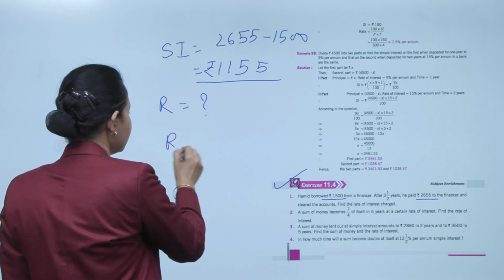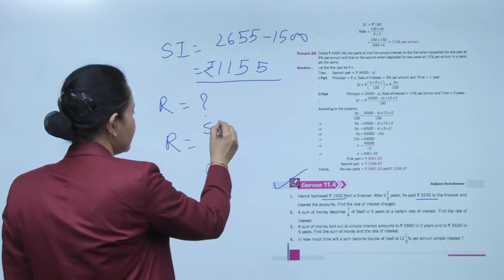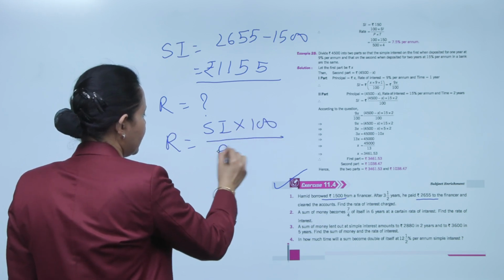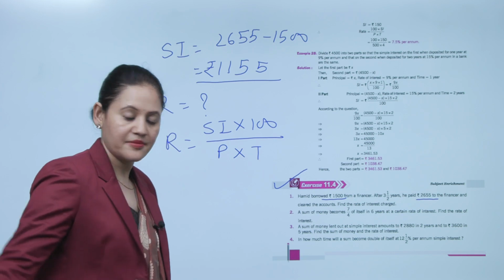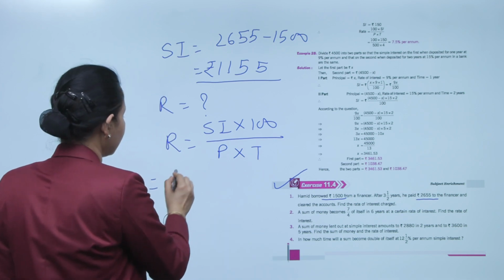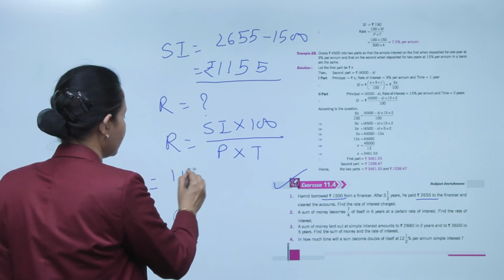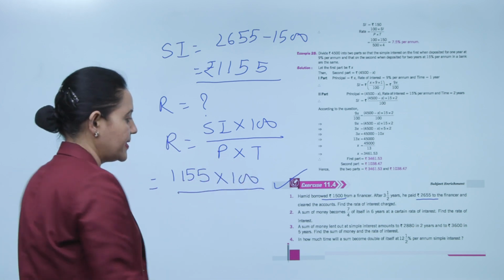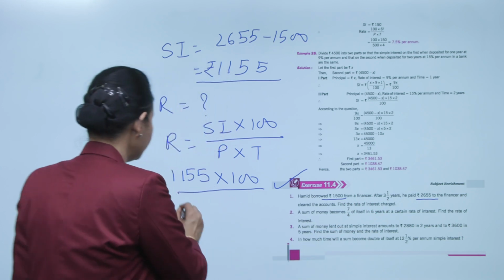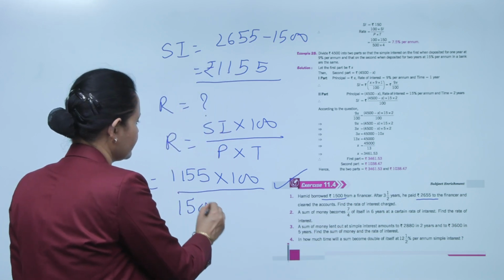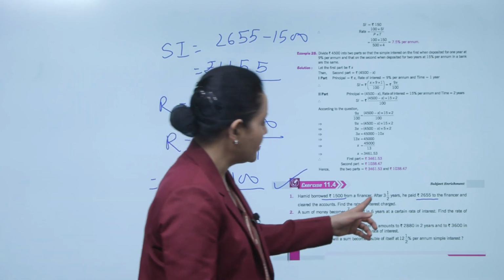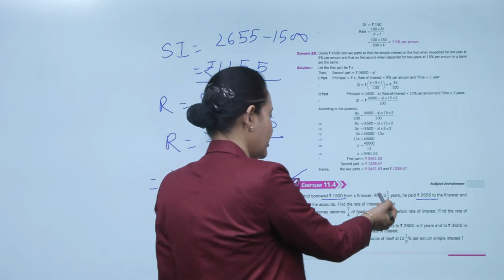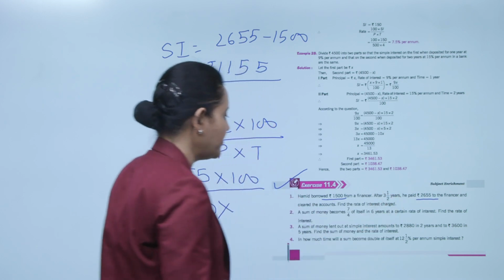Now we have to find the rate of interest. Rate of interest equals simple interest into 100 upon P into T. So simple interest is rupees 1,155 into 100, principal rupees 1,500, time 3 1/2, a mixed fraction, that is 7/2.